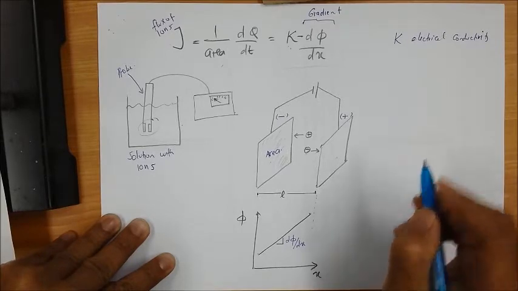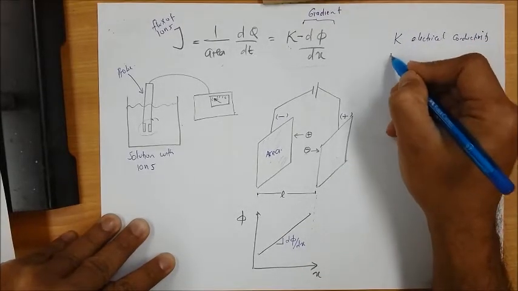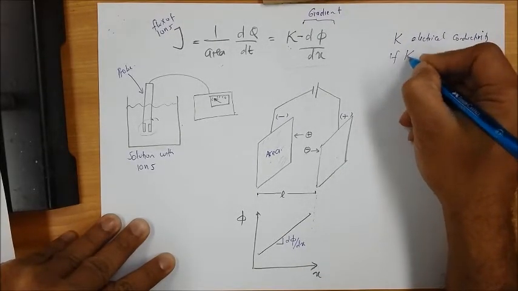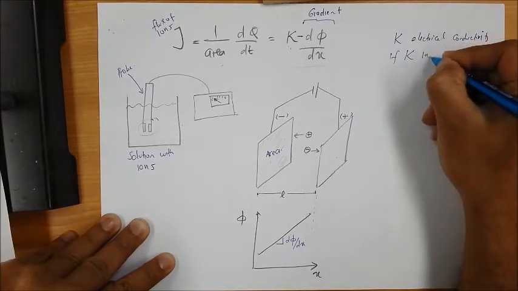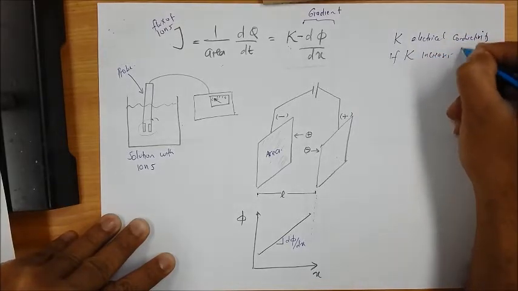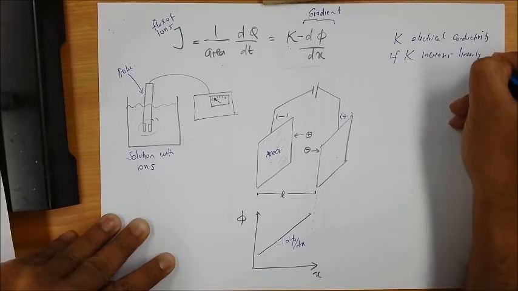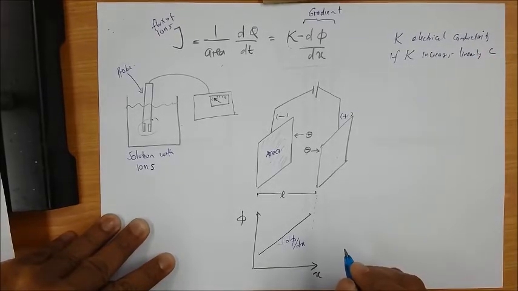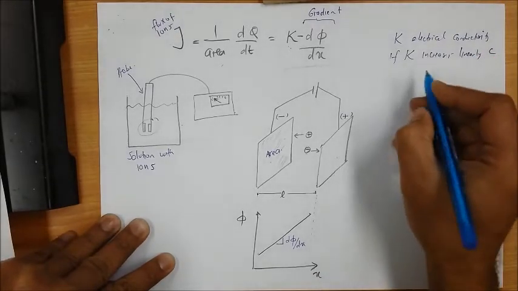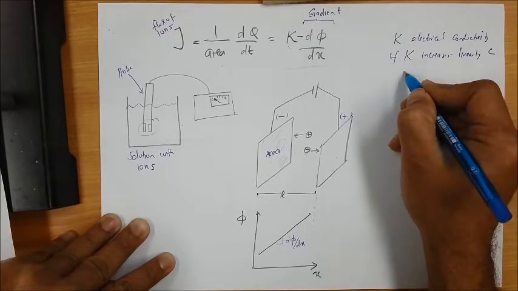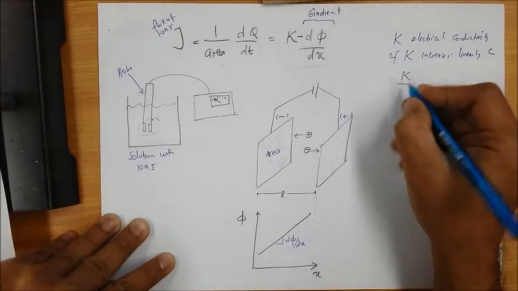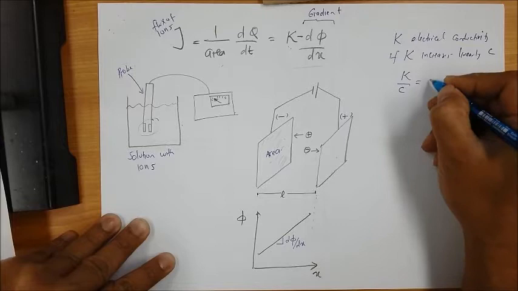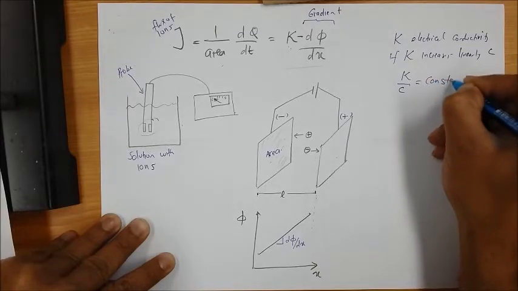And if kappa increases linearly with concentration, then kappa over C should give you a constant value.